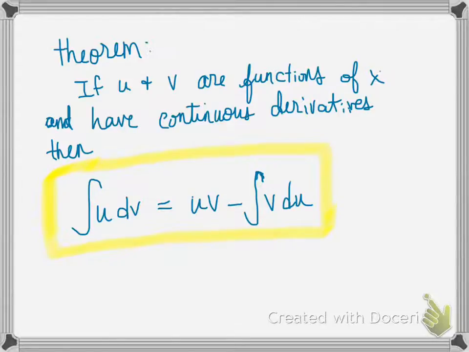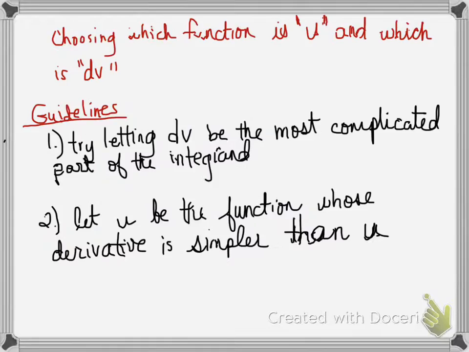So here's our theorem. It says if u and v are functions of x and have continuous derivatives, then we can use this formula, which states that the integral of u dv is equal to u times v minus the integral of v du. We do have some guidelines on how to choose which function is u and which is dv.